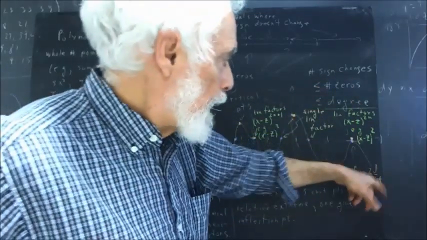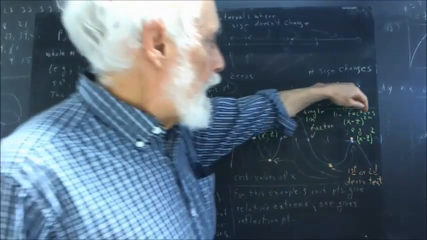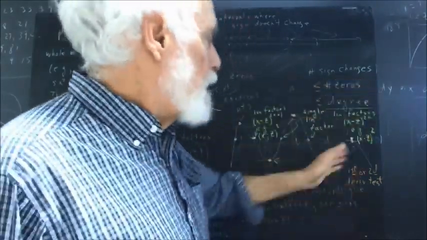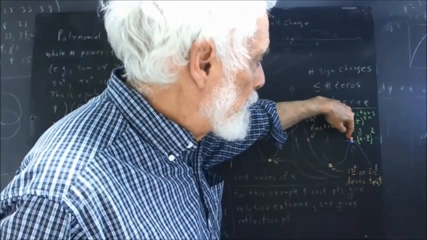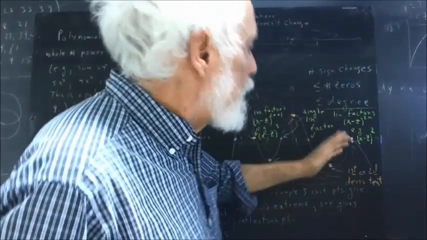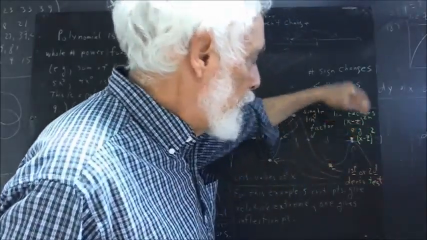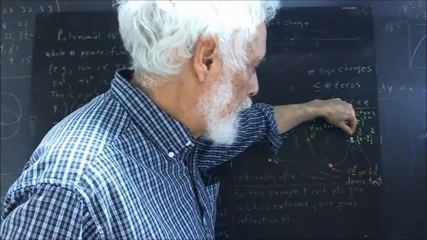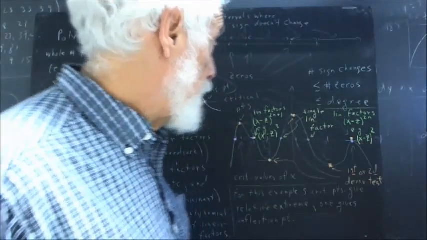In any case, if that happens, you're going to have this behavior. And if it was a higher even power, it would look very similar. It would just be a little bit flatter toward this point. And of course, if you have a real high even power, it could be very flat in the neighborhood of this point. But the only point at which it would hit the axis would be at the zero itself.